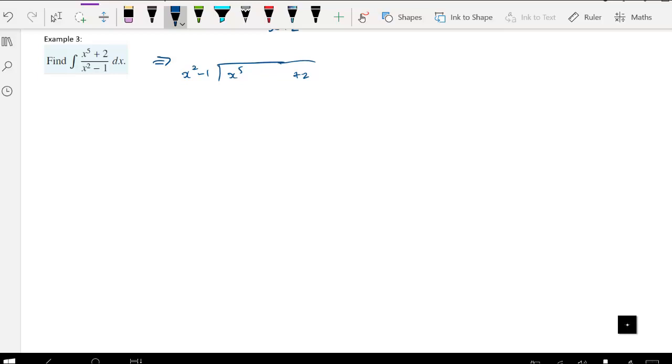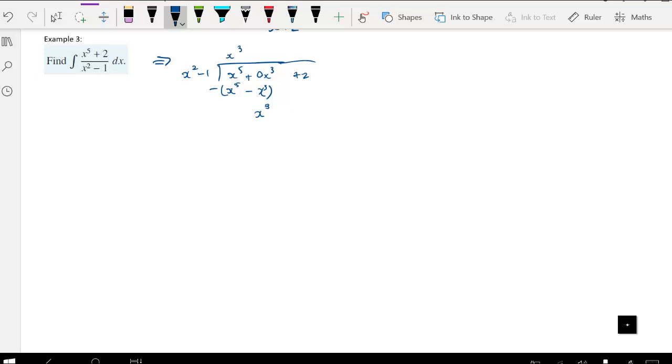So x to the power of 5 divided by x squared is x cubed. We'll subtract the product of x cubed and x squared take 1, which is x to the power of 5 take x cubed. So we'll throw in up here plus 0x cubed because there was nothing there. We end up with take away a negative x cubed, which is a positive x cubed.